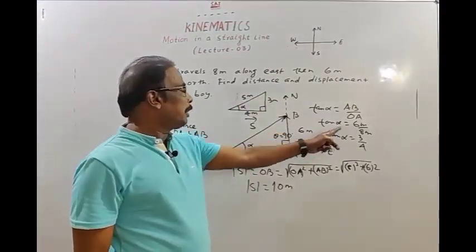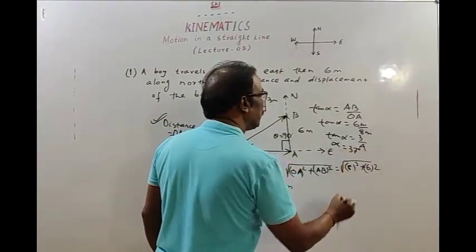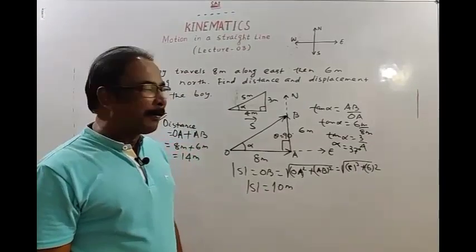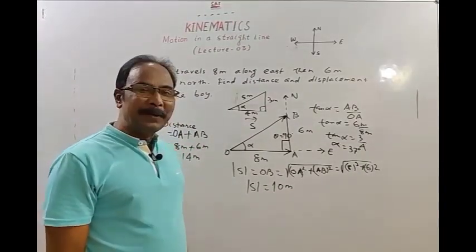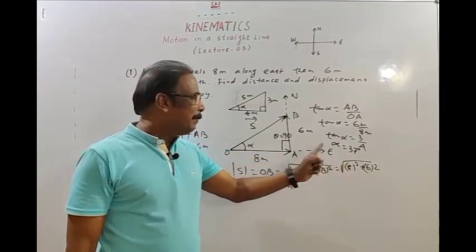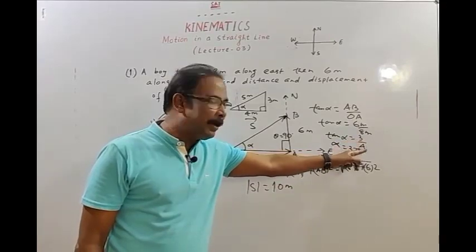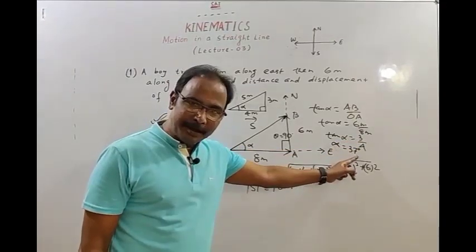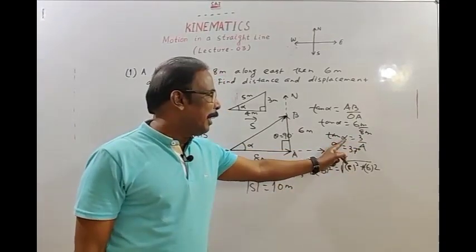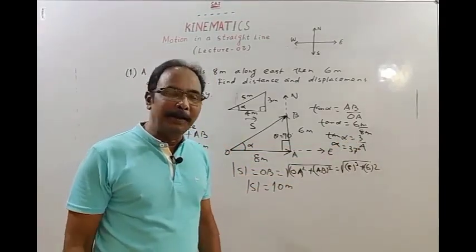To simplify, we should remember, if tan alpha is 3 by 4, then alpha is 37 degree. Similarly, if tan alpha is 4 divided by 3, then alpha is 53 degree.